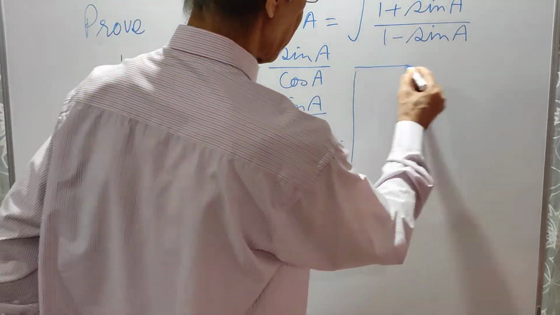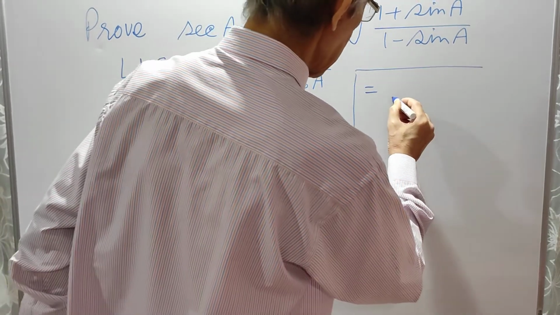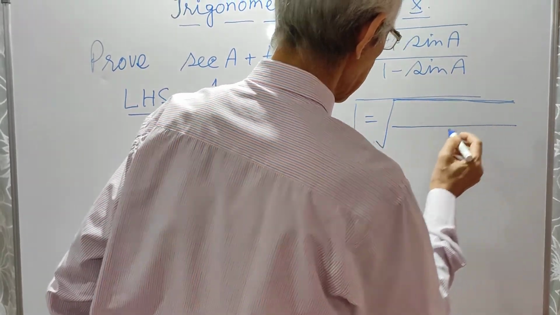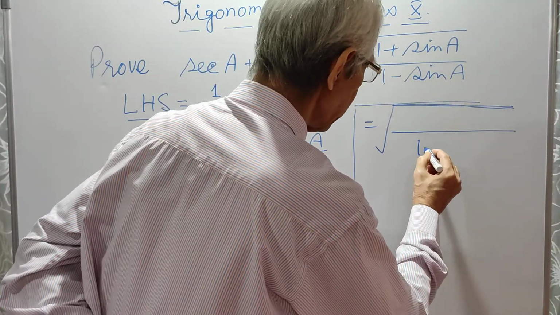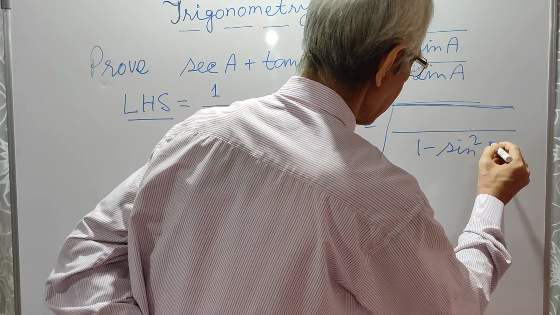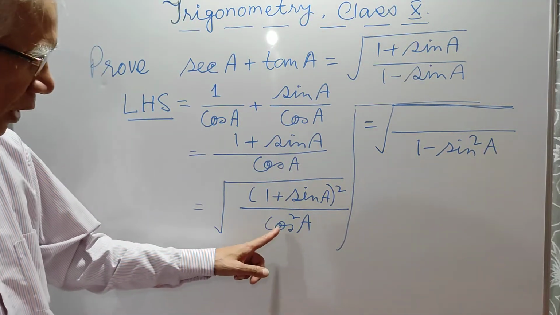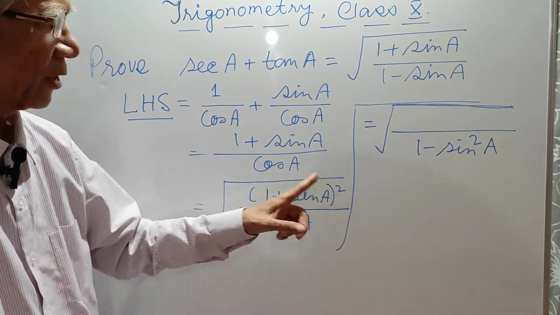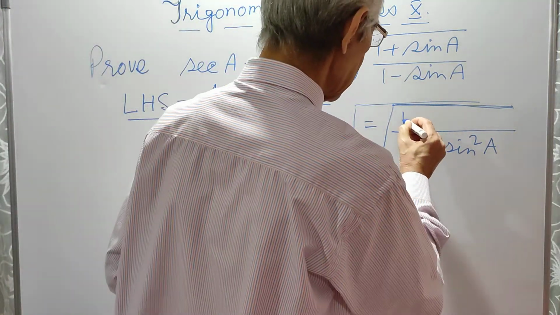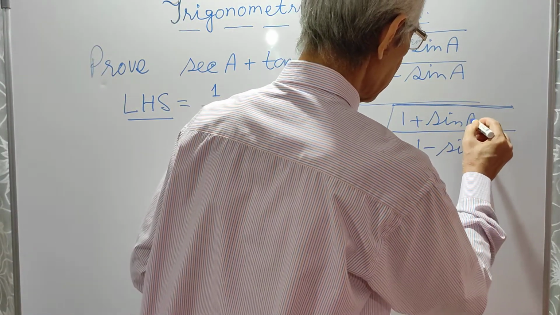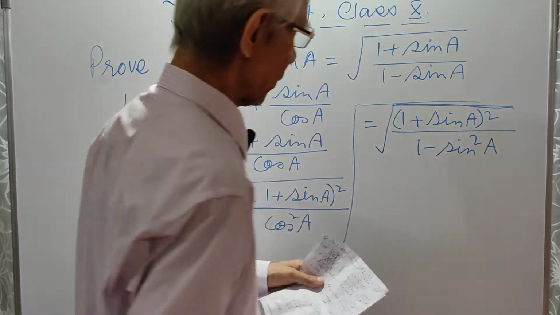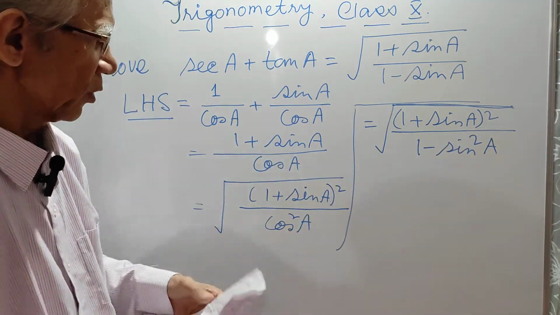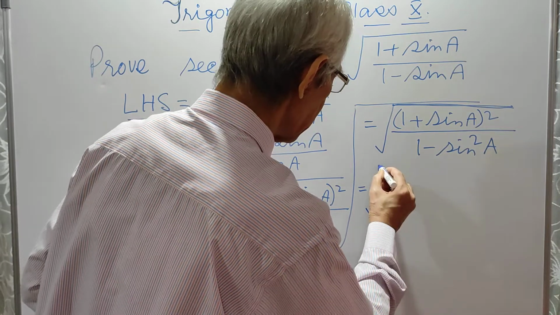So equal to, this root sign, this root sign cos square A. So what we will write? 1 minus sine square A. So in place of cos square A, we can write 1 minus sine square A. Now numerator 1 plus sine A whole square we keep as it is because we need 1 plus sine A. So numerator as it is. Denominator what we have done? 1 minus sine square A in place of cos square A.